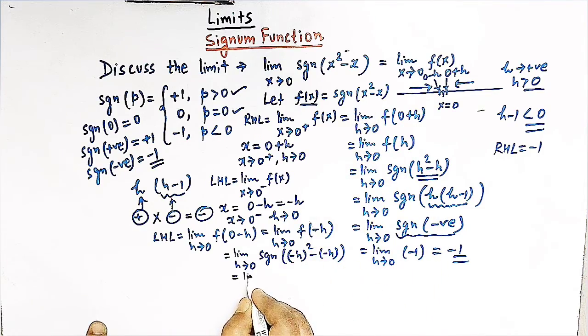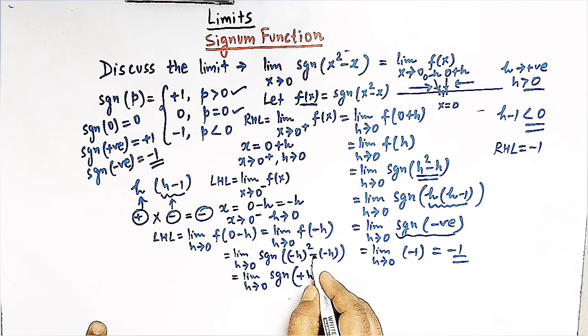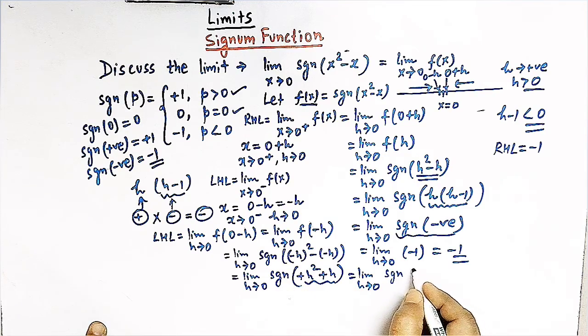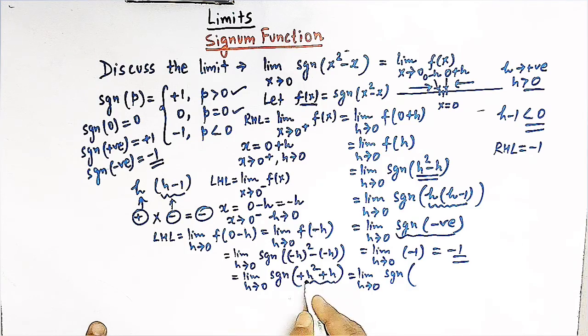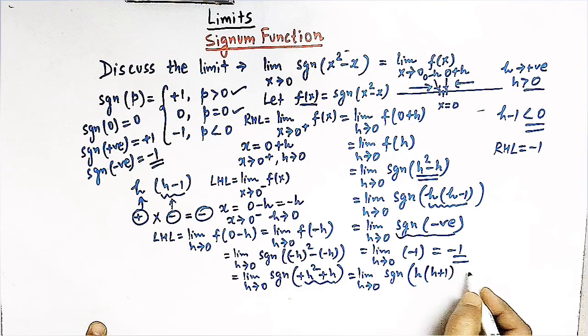So now simplifying this expression, we have limit h tends to 0, and we have signum of minus h square, which is obviously positive h square, and here minus and minus, when multiplied together, give us plus h, right? So now we have limit h tends to 0, and let us write this term by taking h as common. So we have h times h plus 1, right?